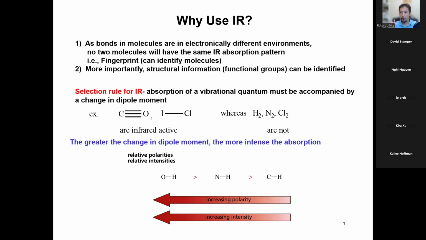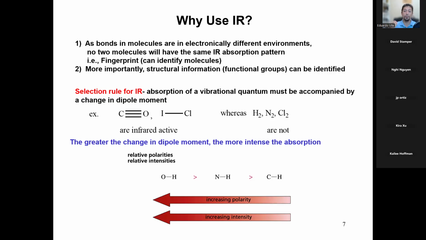Okay. So one of your other questions was true or false? All molecules are IR active. That is false. All molecules vibrate, but that doesn't mean that you can see all molecules in IR because you need very specific conditions to be able to see a molecule in IR. The first one is that it has to have a change in the dipole moment. In other words, it has to be polar.